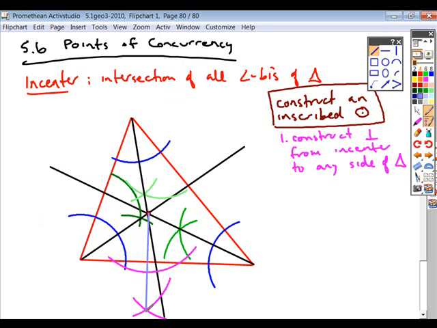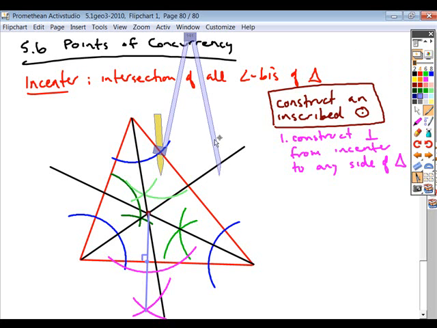Okay, so if we were to draw in our perpendicular from the incenter all the way through this point, the part of this that we are interested in is just the part that goes from the incenter to this side. And that portion is the radius of our inscribed circle. And so we can confirm this as our final step.